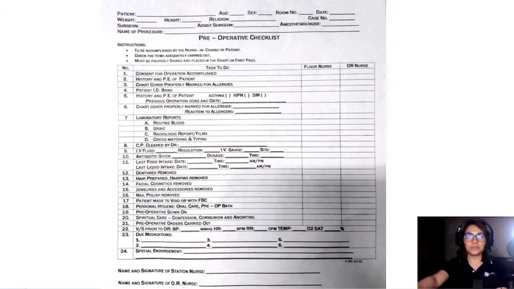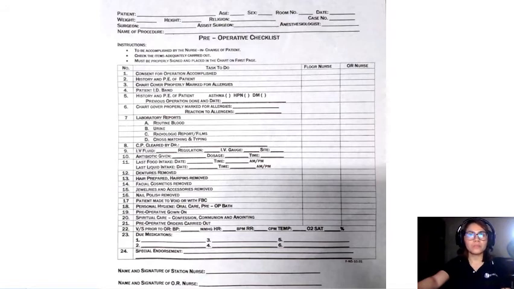This is an example of a preoperative checklist that we obtained from our previous workplace. Here we have the patient's details: the patient's name, age, sex, room number, date, weight, height, religion, case number. It is based on your hospital. Then you have the complete name of the surgeon, the assistant surgeon, the anesthesiologist, and the name of the procedure.